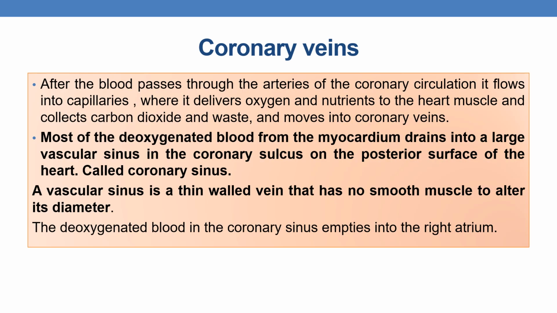Now coming to coronary veins. After the blood passes through the arteries of the coronary circulation, it flows into capillaries, delivers oxygen and nutrients to the heart muscle, collects carbon dioxide and waste, and moves into coronary veins.